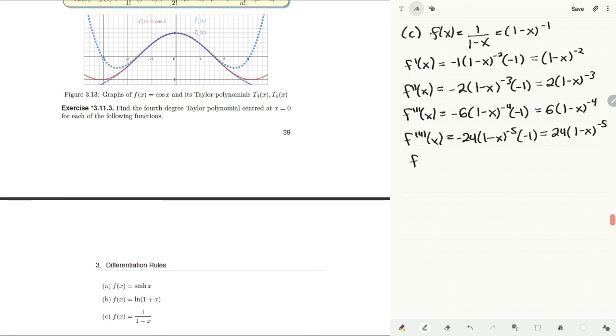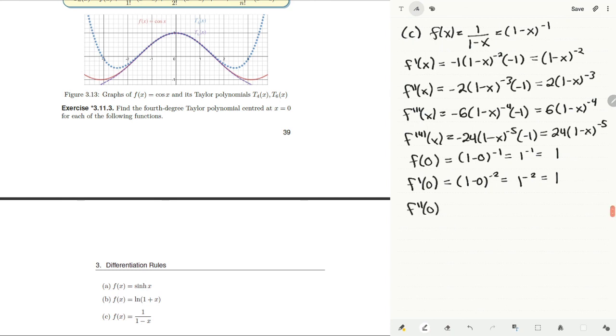And so now let's evaluate each of these functions at 0. So f of 0 is 1 minus 0 to the negative 1. So that's 1 to the negative 1, which is 1. F prime of 0 is 1 minus 0 to the negative 2. So 1 to the negative 2, which is also 1.